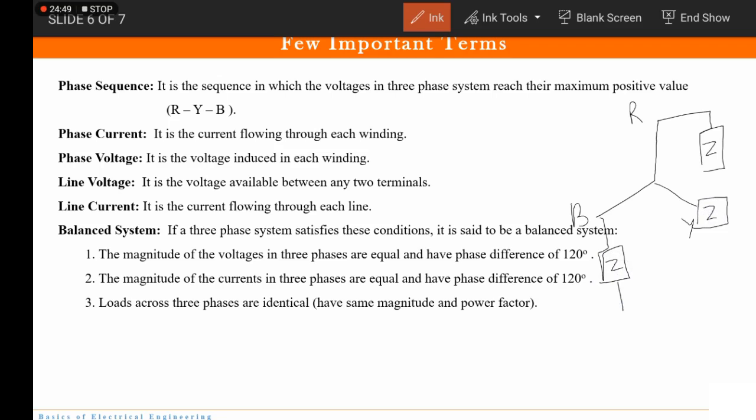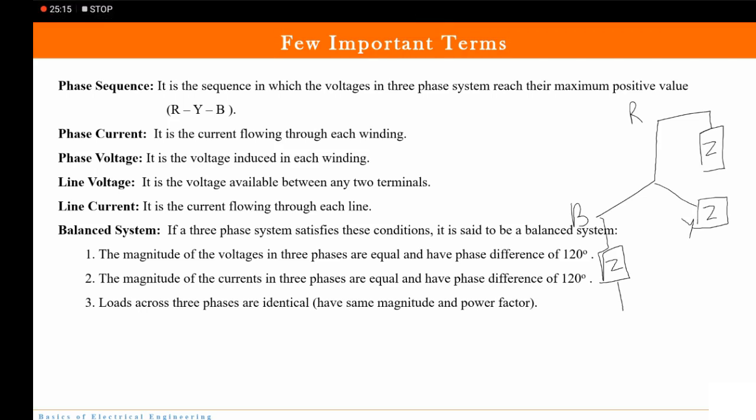If it is inductive, if I am connecting inductive load at R, I have to connect inductive load at Y and B. If it is capacitive, same. If it is a combination of resistor and inductor at R, then the same has to be connected across Y and B. You cannot connect resistance at R, inductor at Y and capacitor at B. Got it? I hope this point is clear.